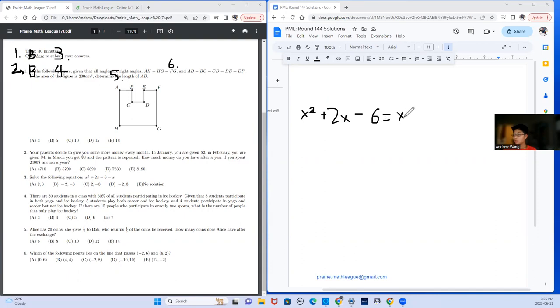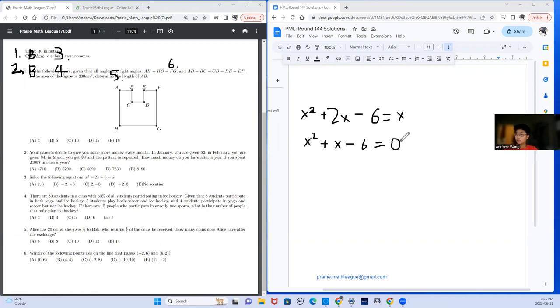So let's move x, this right x, to the left side. So it will be x squared plus x minus 6 equals 0.